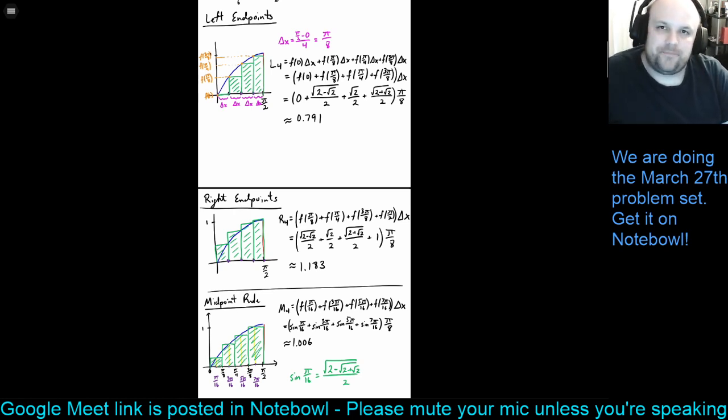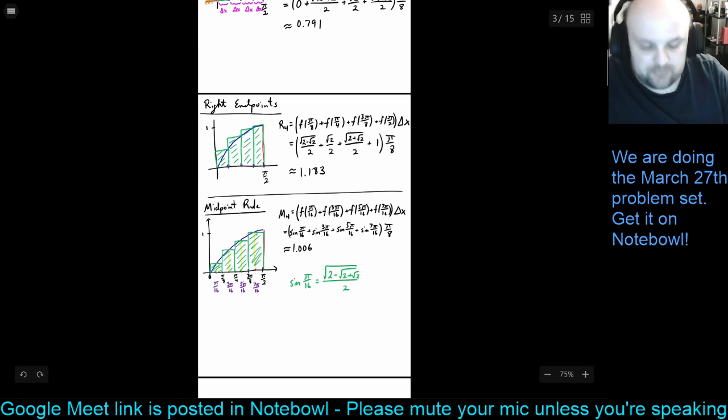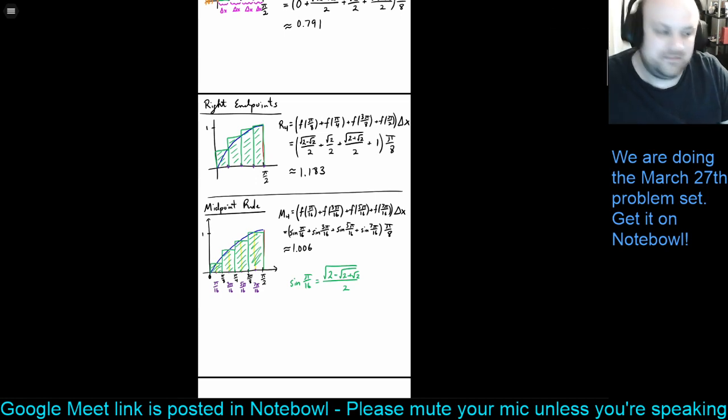Now, eventually, once we take huge amounts of rectangles, we're going to get a good estimate no matter what method we use. But the point is the midpoint rule gets there way quicker than the other two. We'll see this again in a little bit, but midpoint rule is by far the best one here.